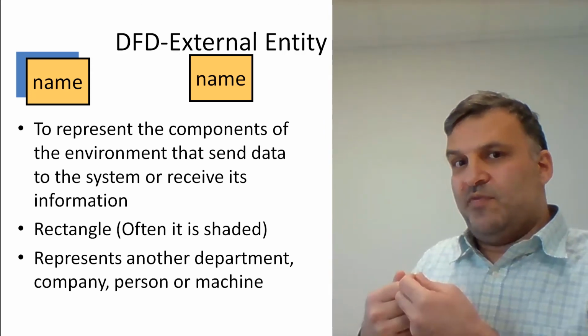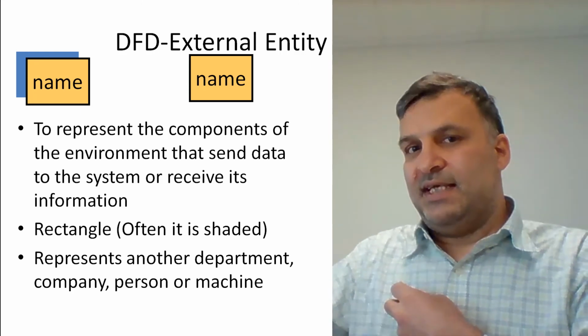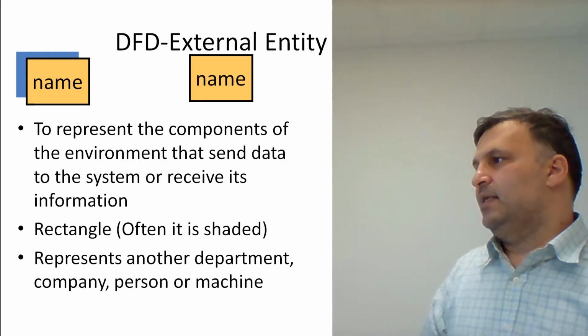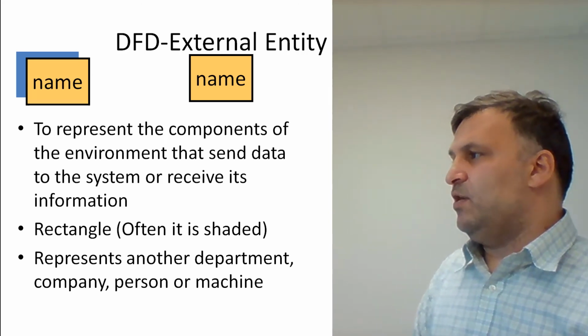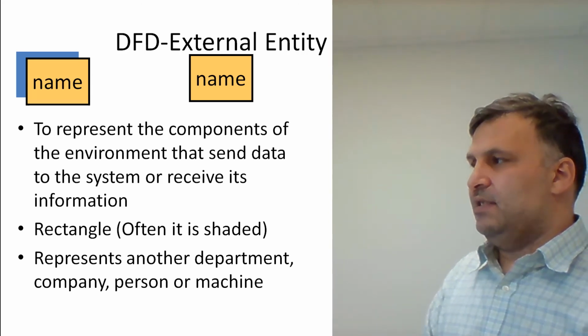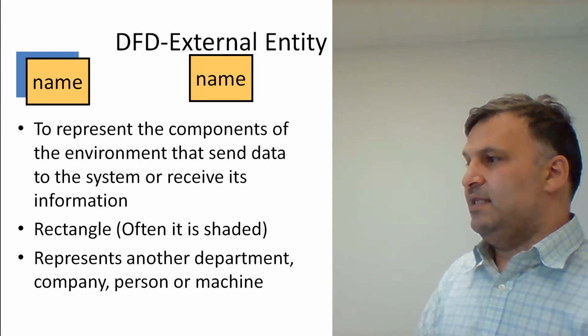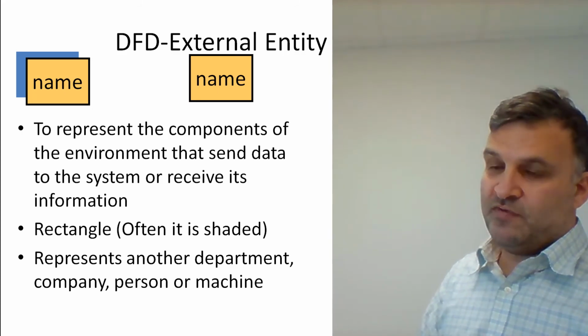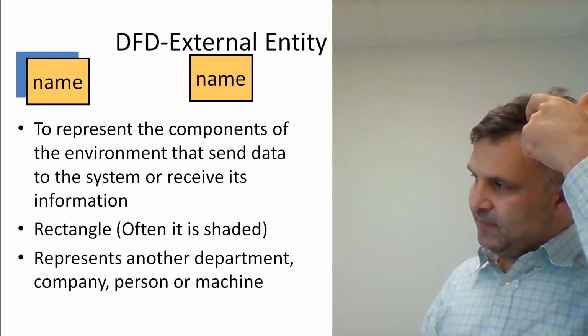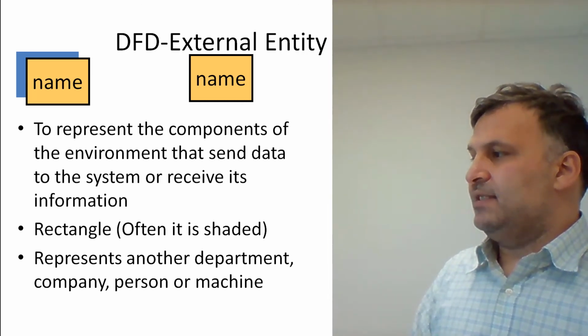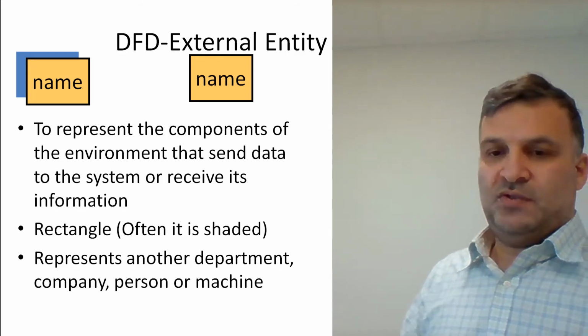We receive data from this entity, or we send data to this entity. It represents the component of the environment that sends data to the system or receives its information. Most of the time it is a rectangle, sometimes shaded. It represents another department, company, person, or machine.